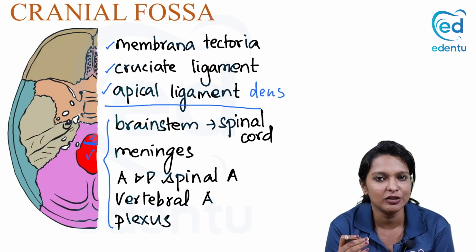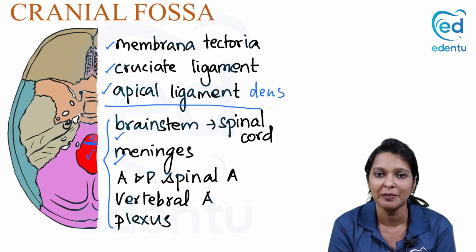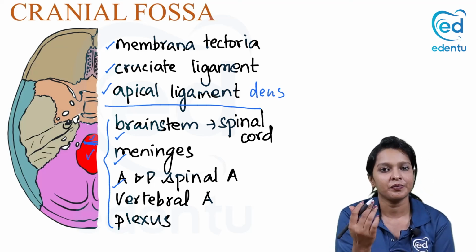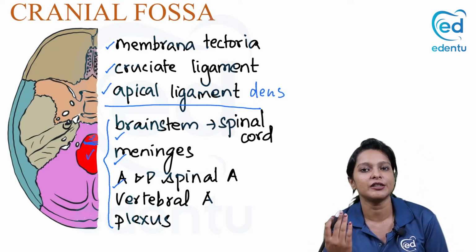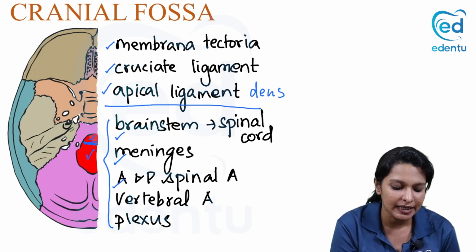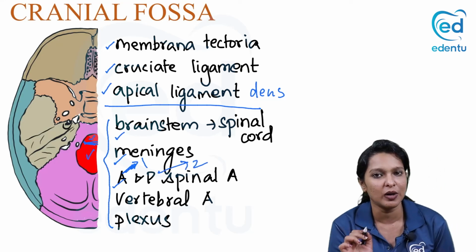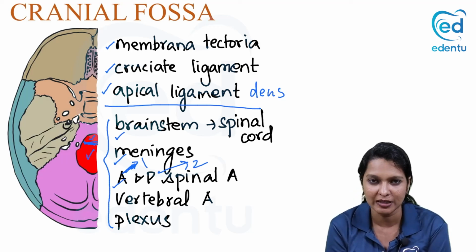Okay, so three layers of meninges also pass through the foramen magnum. And then, related to the brainstem and spinal cord, we have the anterior and posterior spinal arteries. Anterior is unpaired, only one is present. Okay, whereas posterior spinal arteries, two are seen. Okay, that will also pass along with the brainstem.